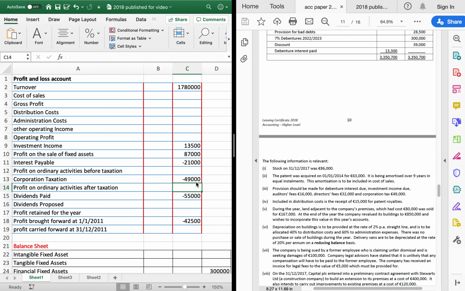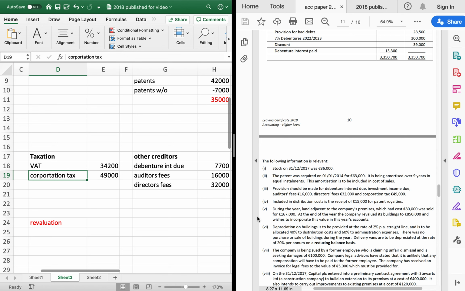So 49,000 goes into your taxation there. Included in distribution costs is a receipt for patent royalties. Now, this is exactly like investment income, or what we saw from the mock question 1 where distribution, some sort of cost included an income.